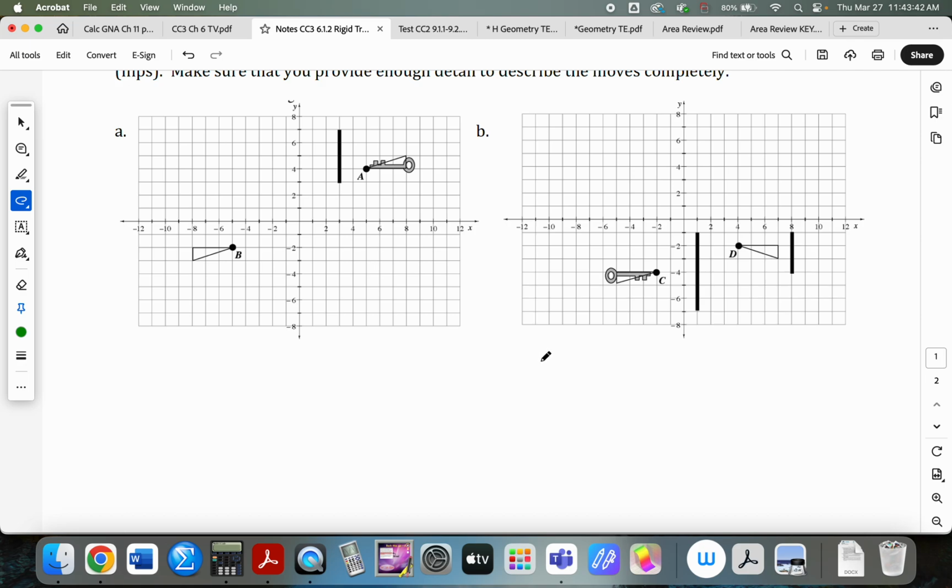You translate up 4. Okay. Translate up 4. Let me get it drawn. 1, 2, 3, 4. Go on. And then translate x plus 6. So translate right 6. 1, 2, 3, 4, 5, 6.